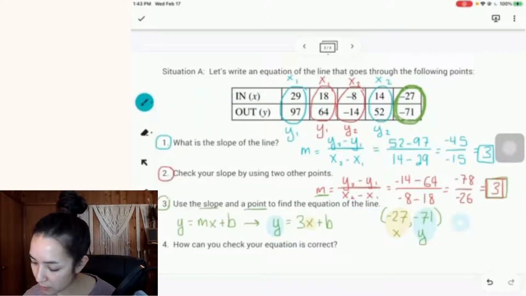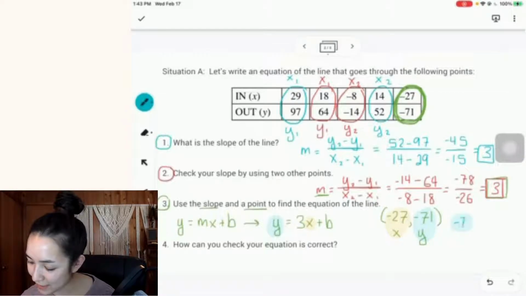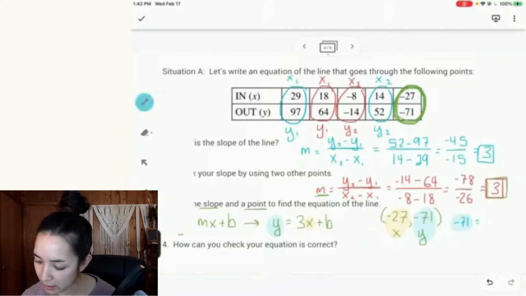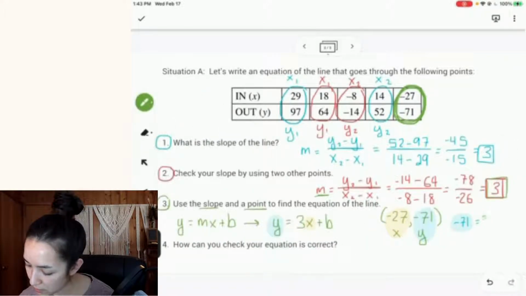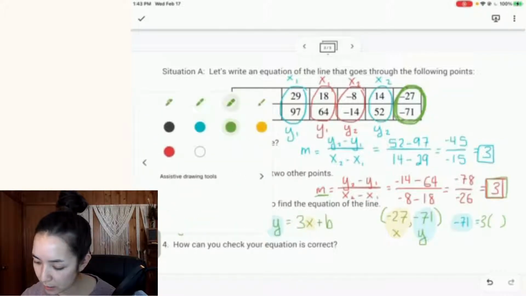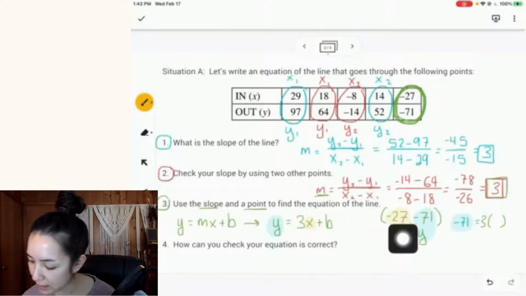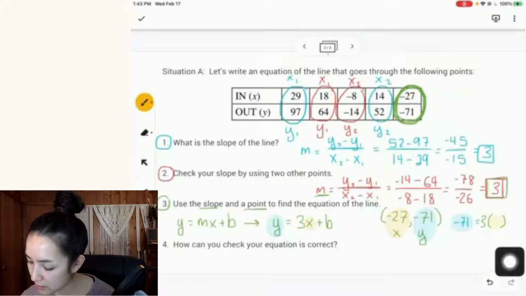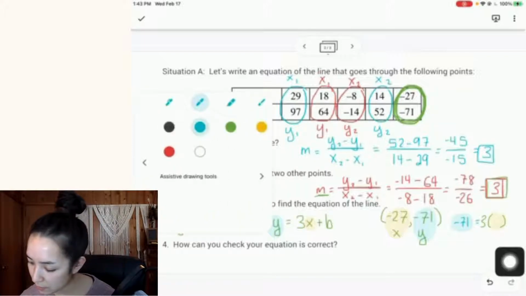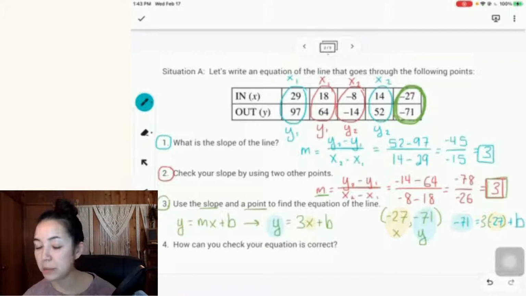So instead of y, I'm going to put negative 71 equals, we still have this 3, parentheses, instead of x, I'm going to plug in negative 27, plus b.